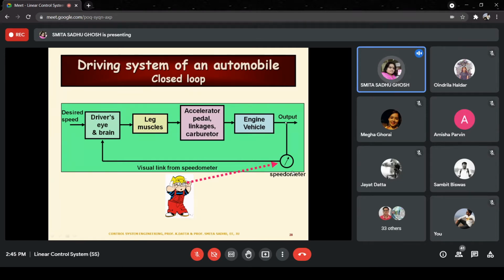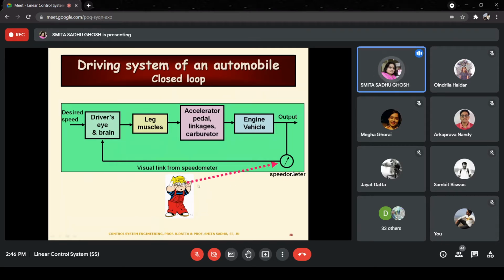When the output variable value is over the limit, a corrective action will be taken, because this person will be able to read that value and send a signal such that the accelerator is released and the acceleration is reduced, so that velocity decreases, and vice versa. If the output has a lower value, then action will be taken so that it increases.